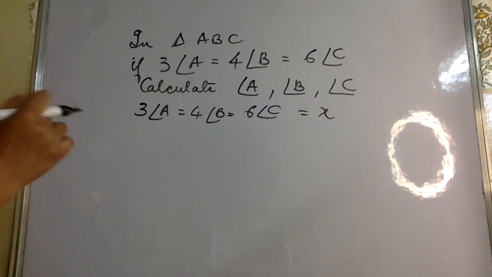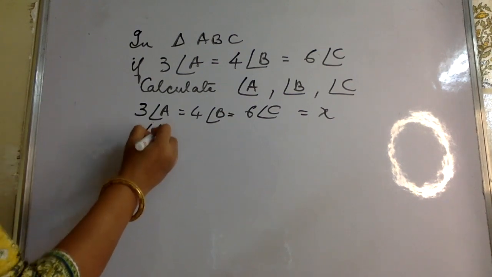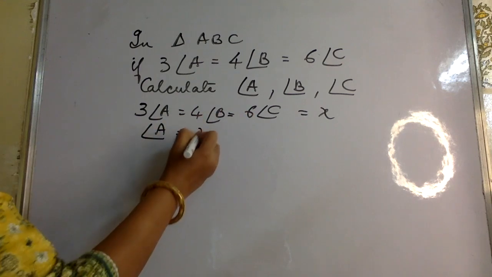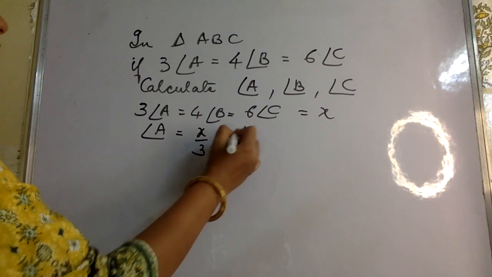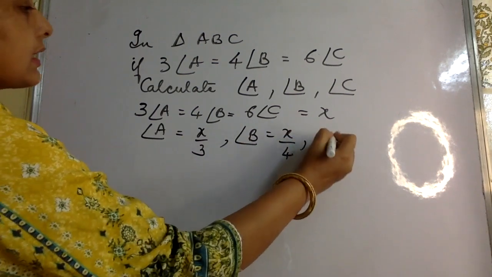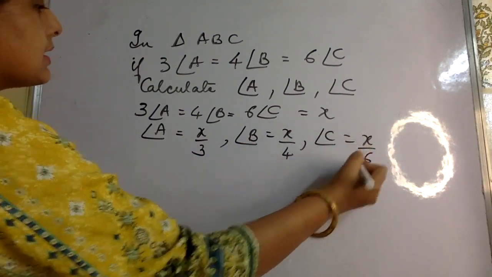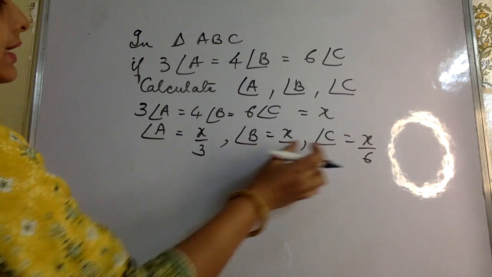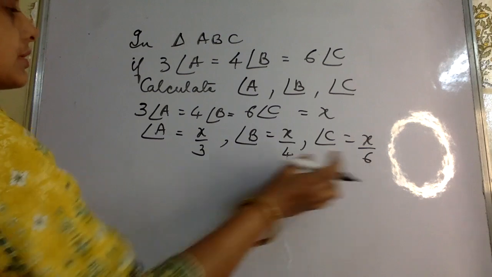Now I can write angle A is equal to x by 3, because thrice angle A is equal to x. Then angle B is x by 4 and angle C is x by 6.